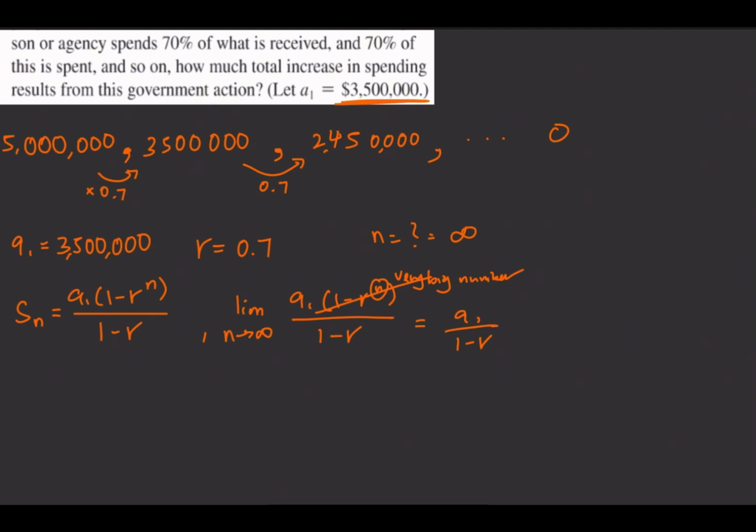Okay, so in this situation, the sum as it goes to infinity is A1, 3,500,000, because we cancel this out, over 1 minus our ratio 0.7, equal to 11,666,666.67.